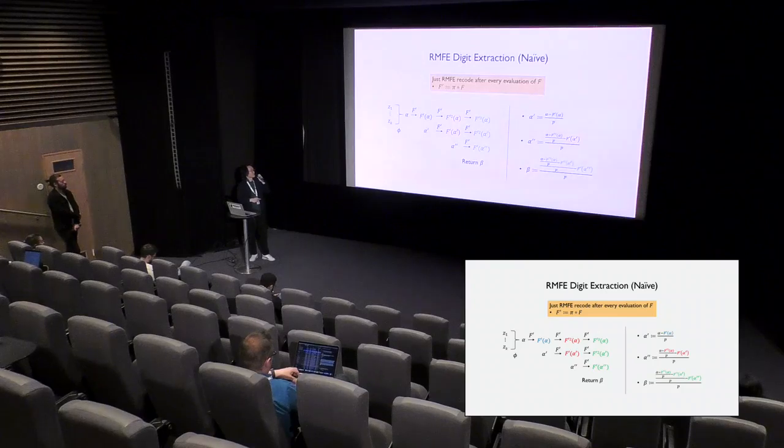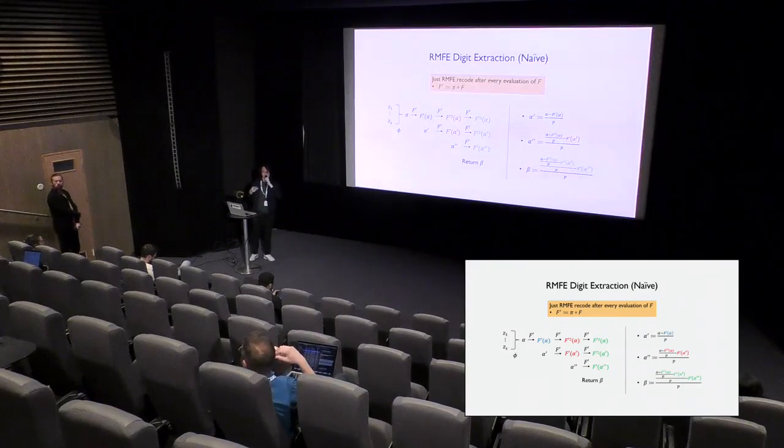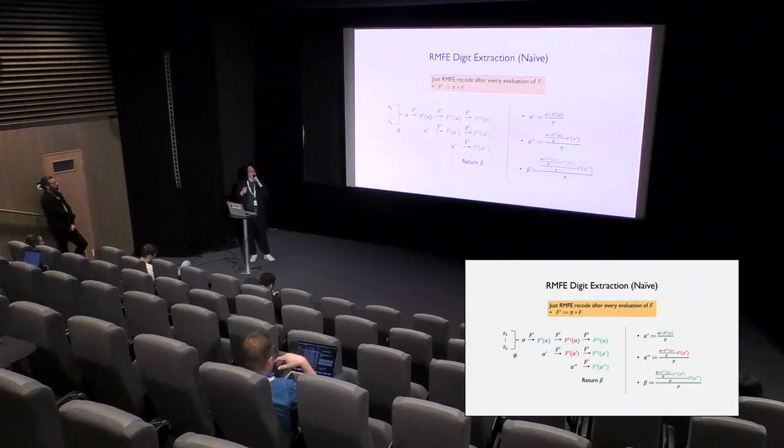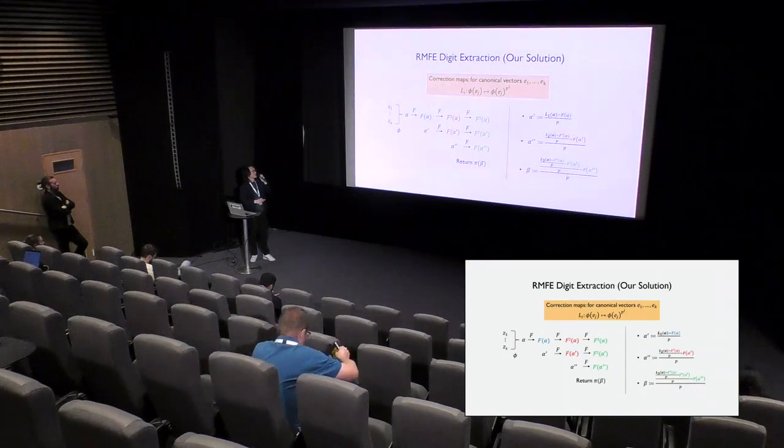But the problem with doing this is that you're doing many, many linear map evaluations, and in practice, evaluating the recode map homomorphically is very expensive, both in time and in noise building.